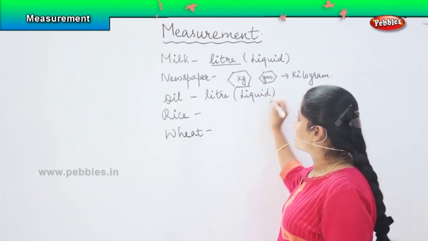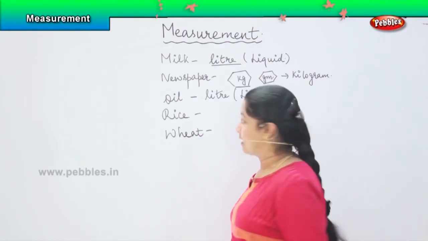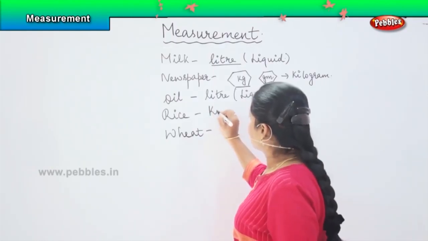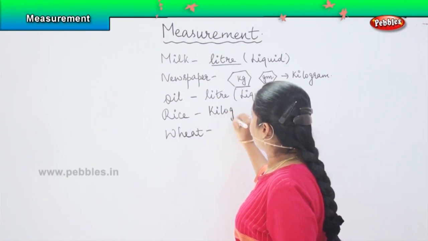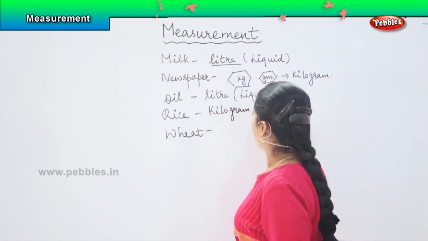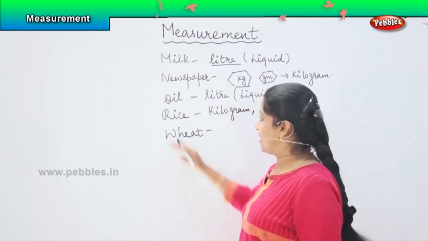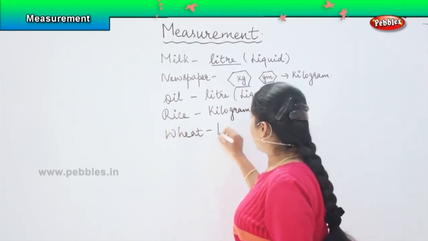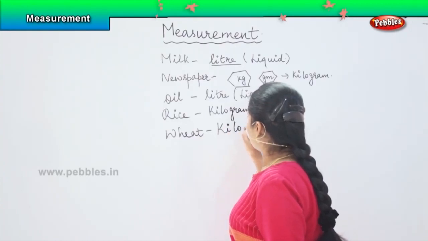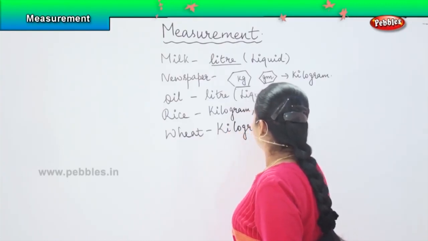Then comes the rice. It is a solid particle, right? So we will be measuring this in kilogram and gram. Then comes your wheat. Wheat is the same as rice, which again we will be measuring in kilogram or gram.